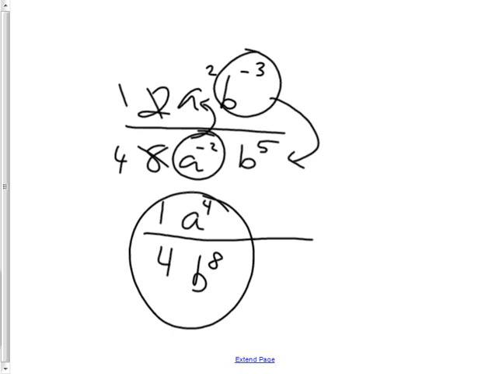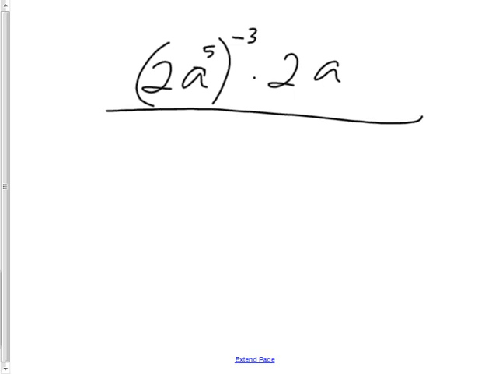Yes. All right, so let's do, I agree, these are kind of tricky, so it's worth practicing. 2a to the, or b to the negative third, no, a to the 5th to the negative third, and then times 2a all over 3b.